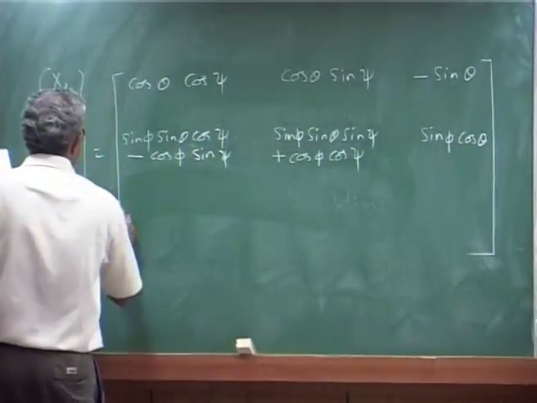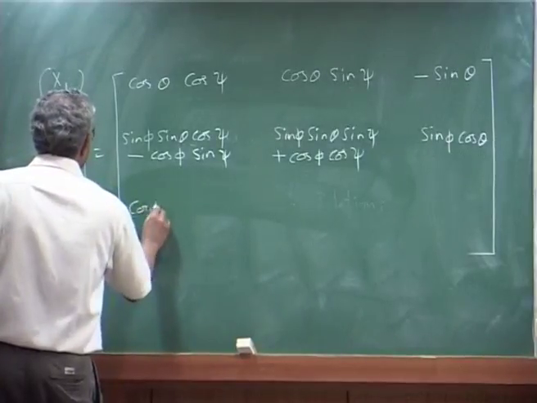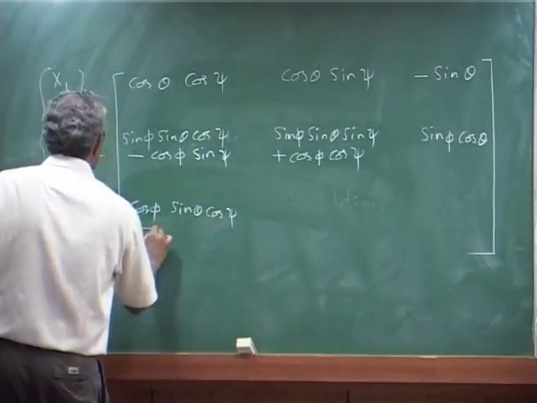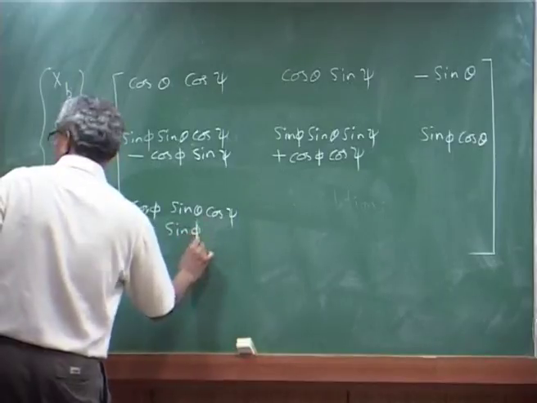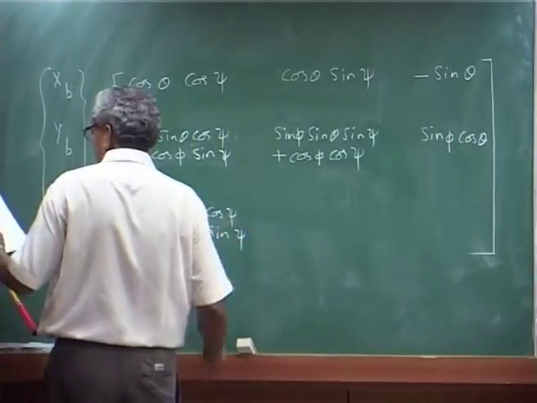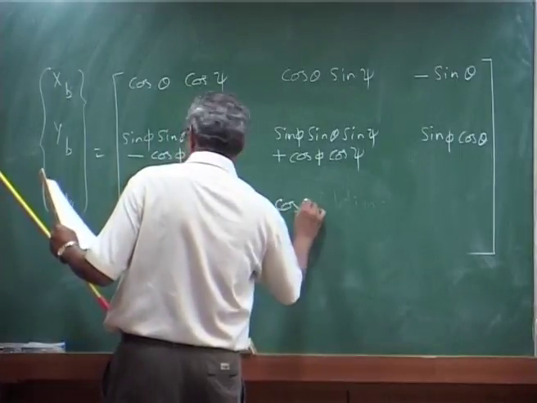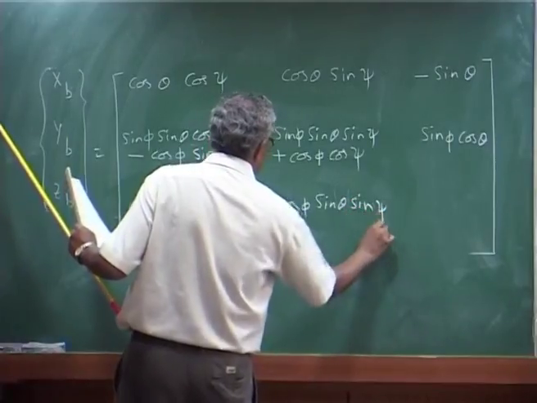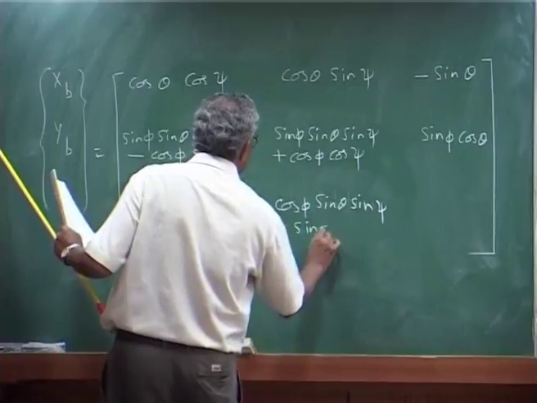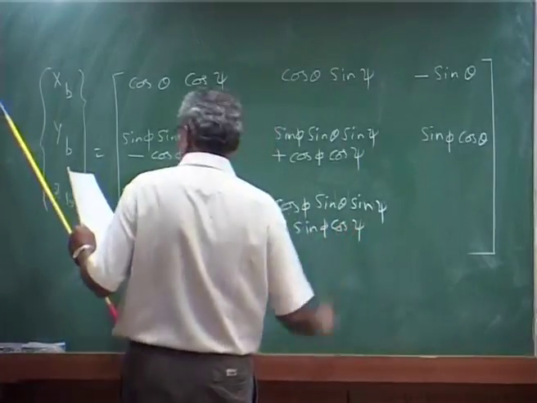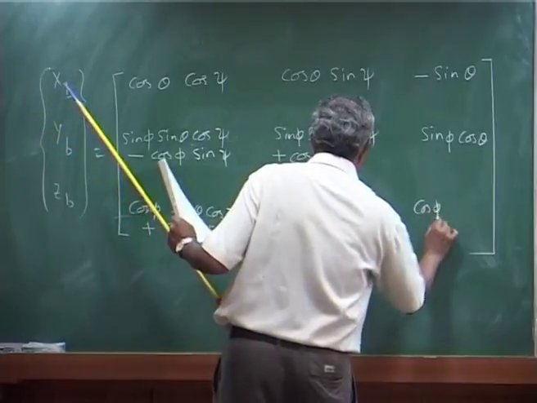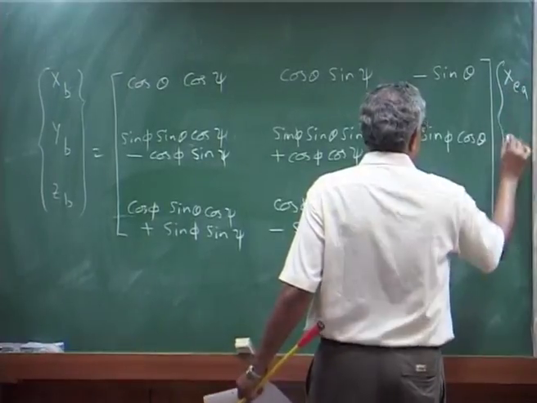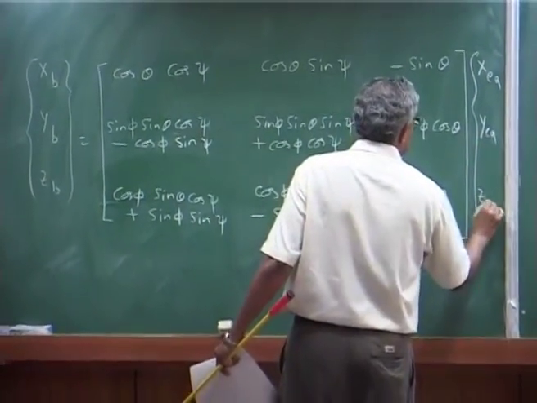And here cosine phi sine theta cosine psi plus sine phi sine psi, cosine phi sine theta sine psi minus sine phi cosine psi, and then cosine phi cosine theta, and this is x earth, y earth, z earth.